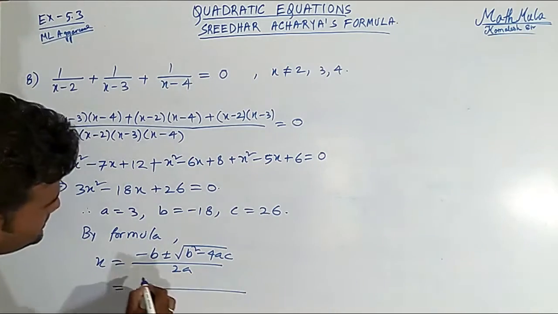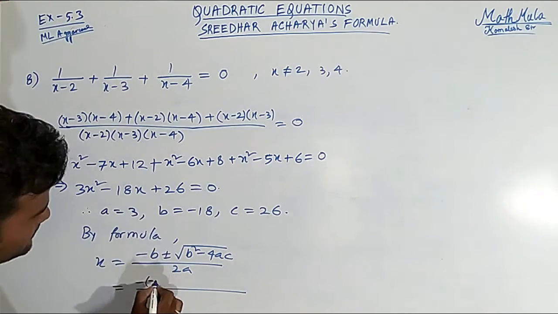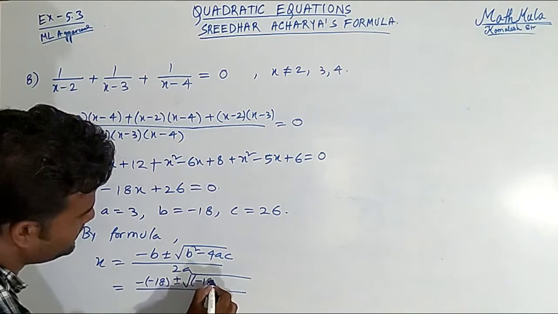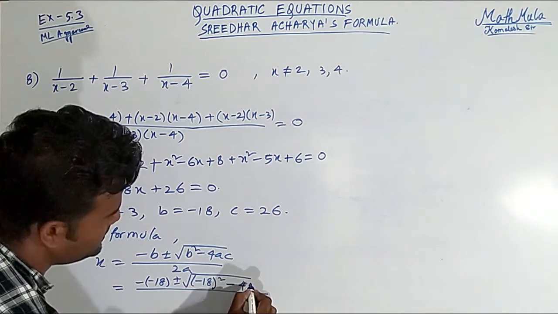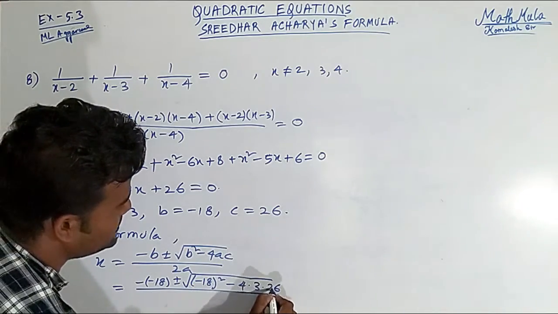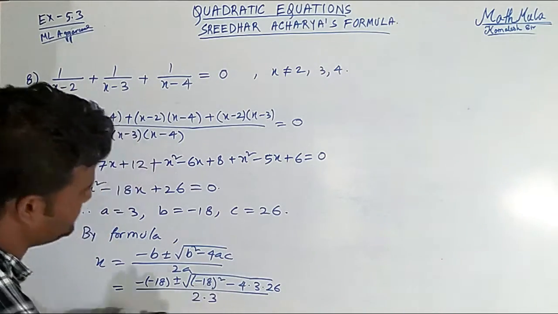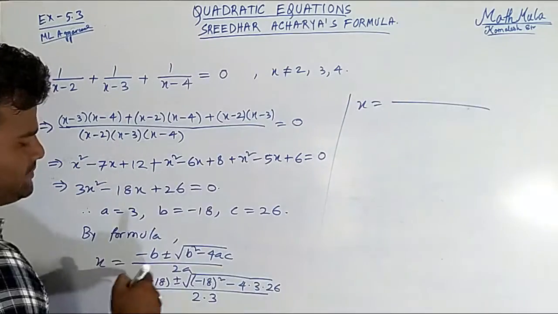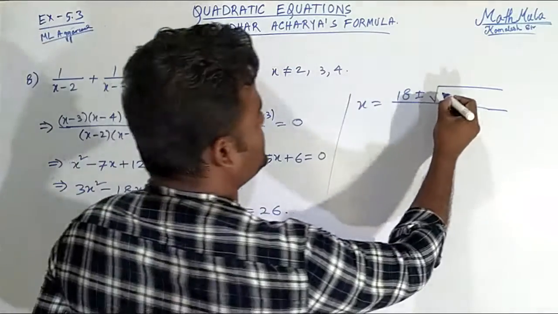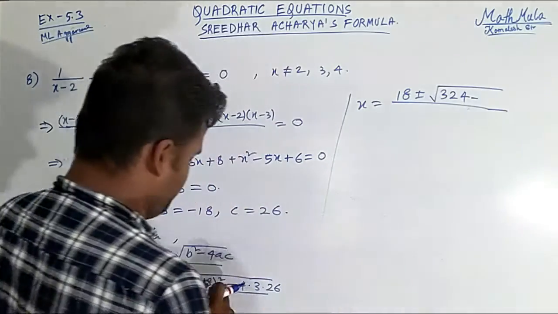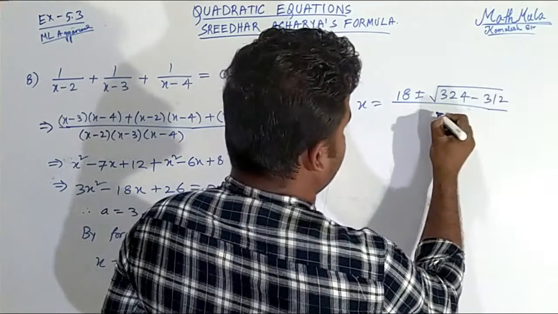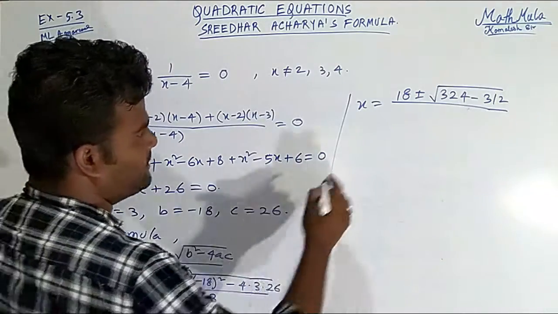Now putting the values, minus b, that is minus of minus 18, plus minus root over minus 18 whole square, minus 4 into a, that is 3, into c, that is 26, by 2 into 3. x is equal to 18 plus minus root over, now minus 18 whole square is 324, then minus 4 into 3 into 26, that is 312, by 2 into 3, that is 6.